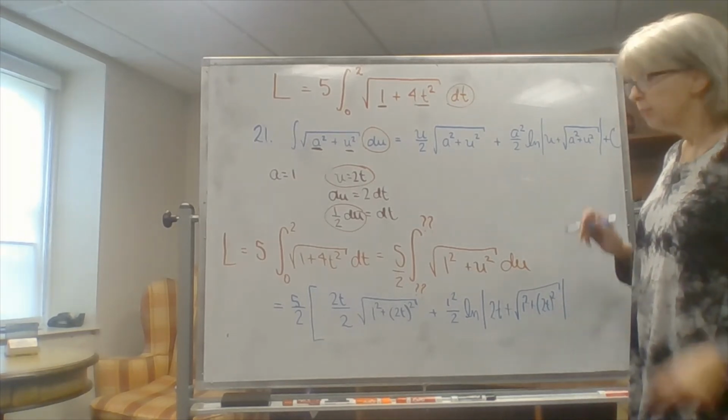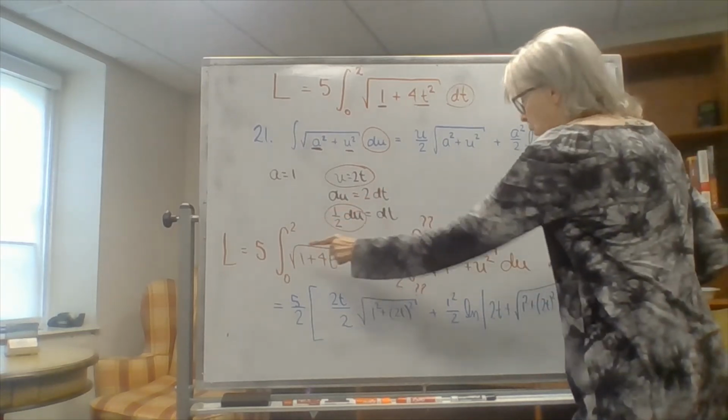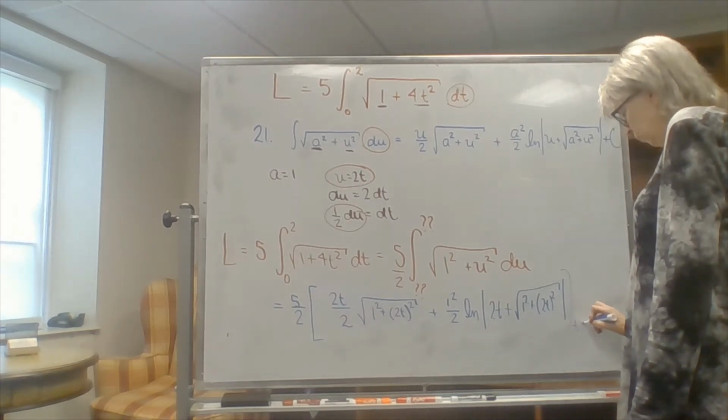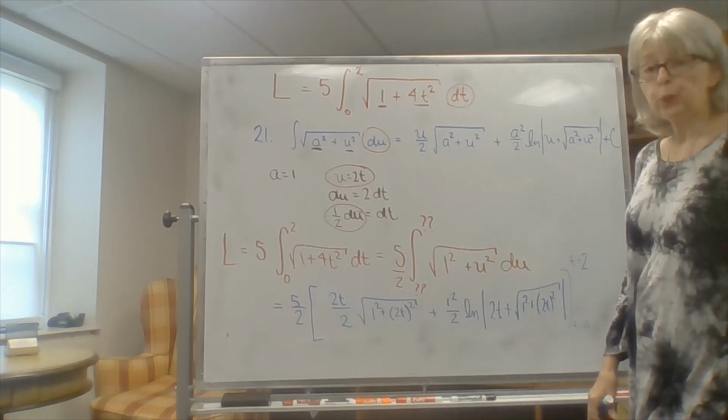And now, because I do have a definite integral and I brought t back, I can evaluate that from t equals 0 to t equals 2.